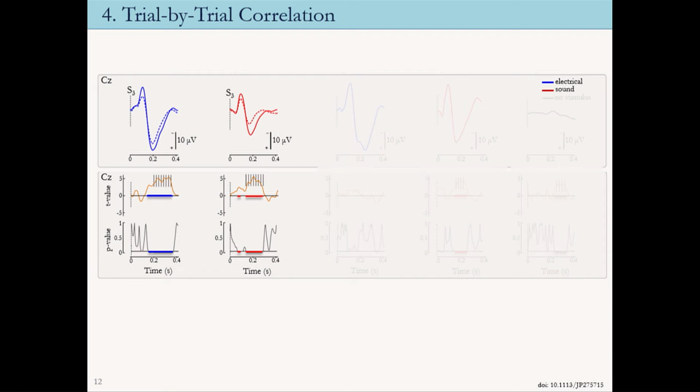So here we have correlated the EEG amplitude of each individual trial with the reaction time for each individual trial. And we got our p-values and our t-values. So the p-values show how probable it is to get an effect just randomly. So we want this value to be very low. So randomly, I don't have much probability of getting an effect.